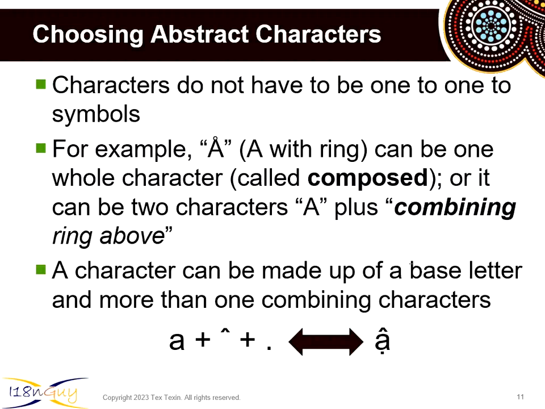It's also possible to have multiple combining characters after what we call the base letter. So here is a lowercase a, and I follow it with this circumflex character followed by a dot below. And this forms this character, which I think is used in Vietnamese. And it's presented this way. So we have composed characters and we have characters that are made of base letter plus combining characters.